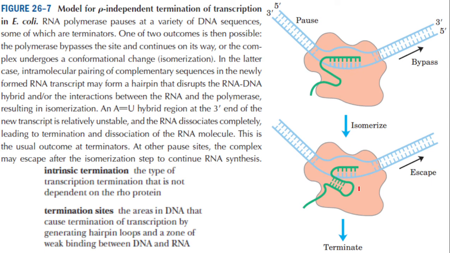So they result in the formation of a hairpin-like structure. Thereafter, RNA synthesis cannot take place. It results in termination. It is also called intrinsic termination. And the termination site on the DNA is that site which causes termination of transcription by generating hairpin loops. I think now it is clear to you.